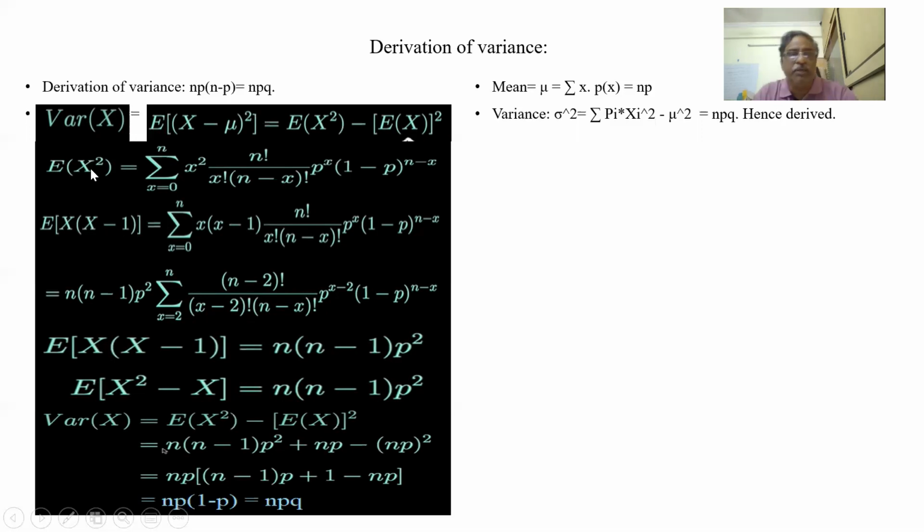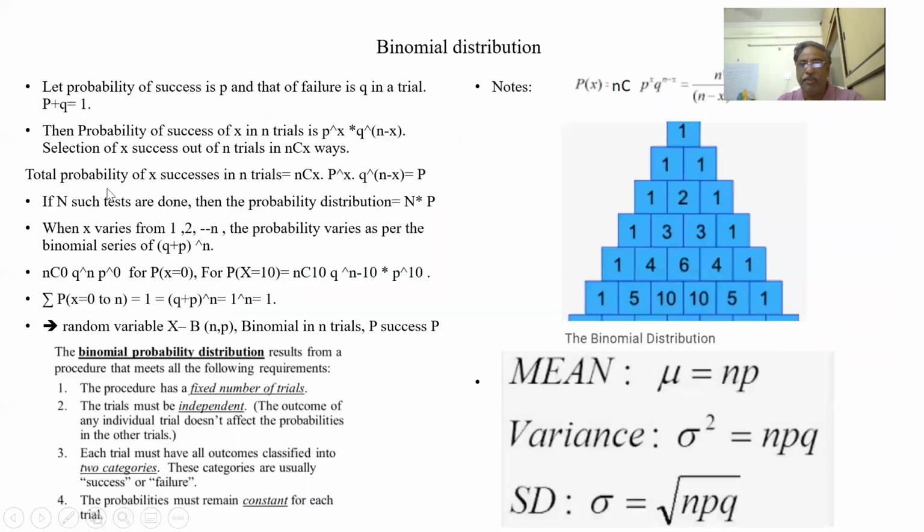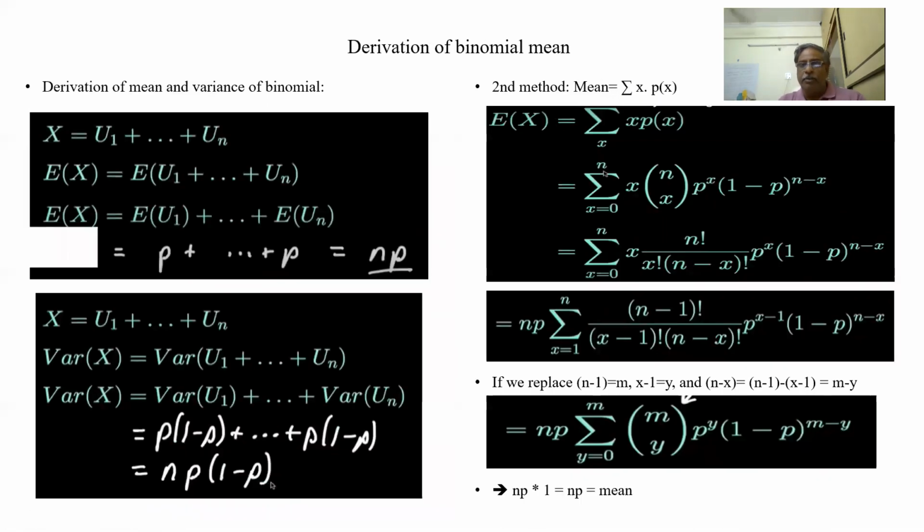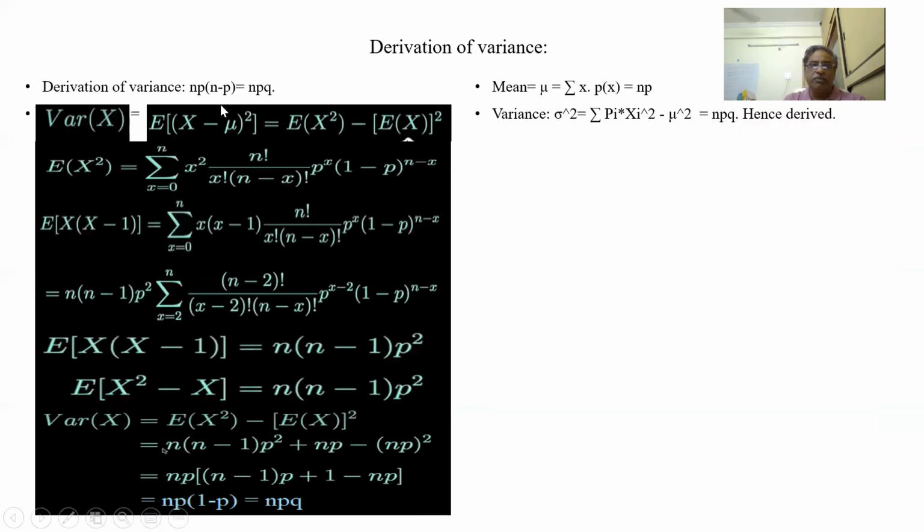X is nothing but multiplying. See, the way x into p of x, this is (x minus x bar) whole square into p of x. This is multiplying the probability. E is nothing but sigma p of x.